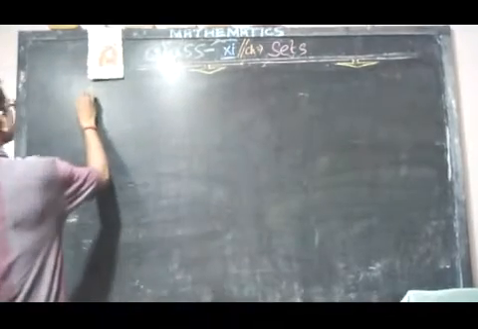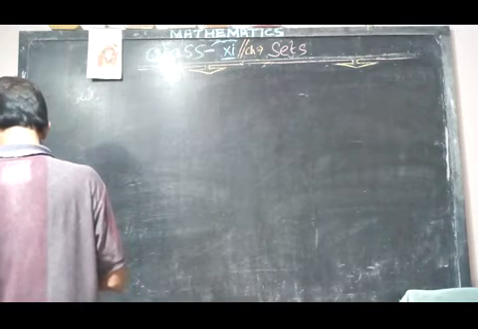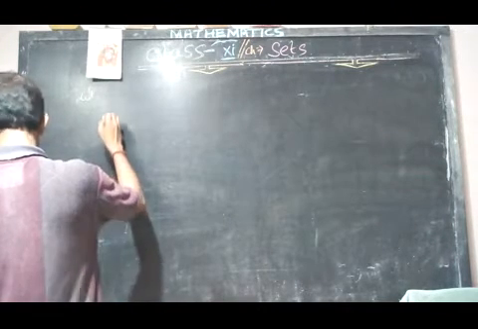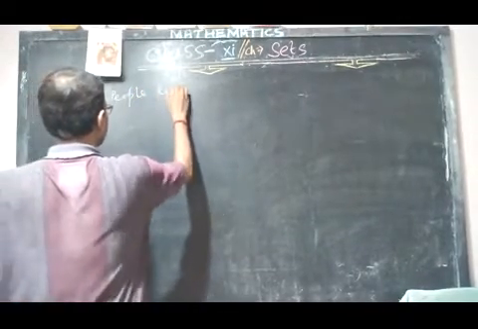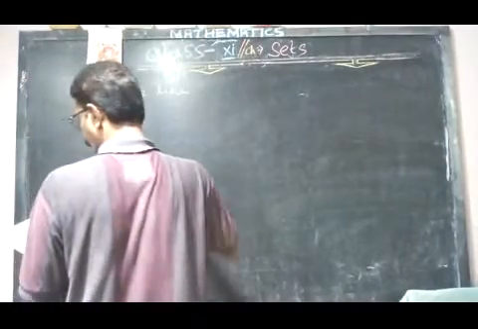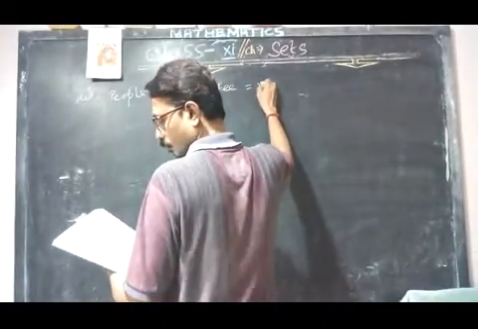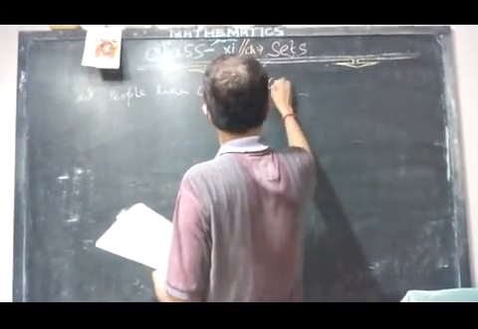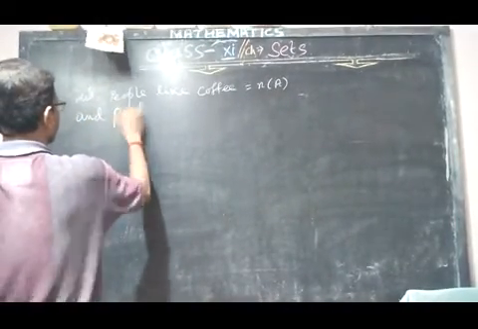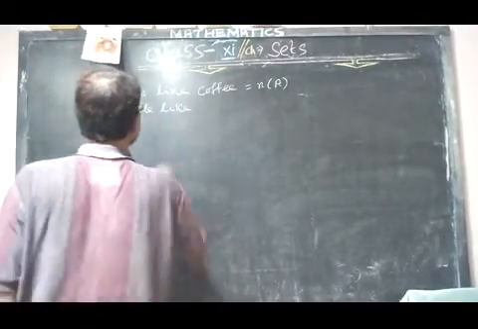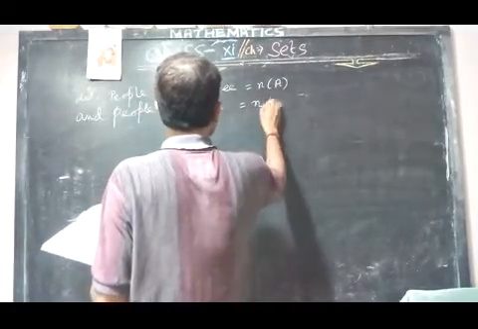Let the number of people who like coffee equal n(A), and the number of people who like tea equal n(B).